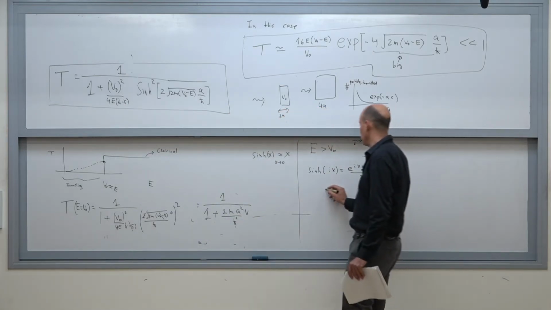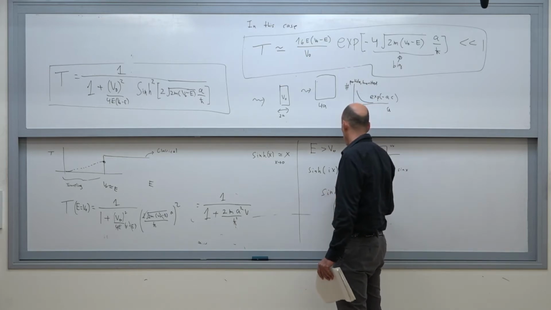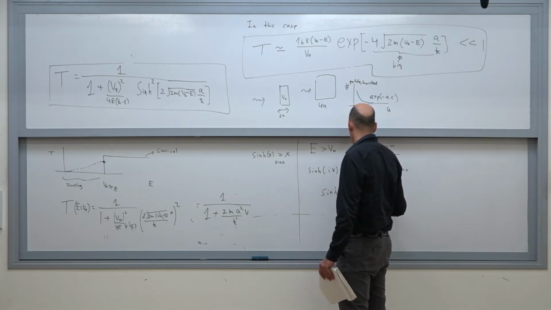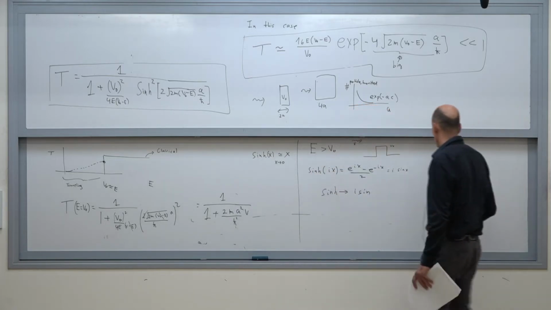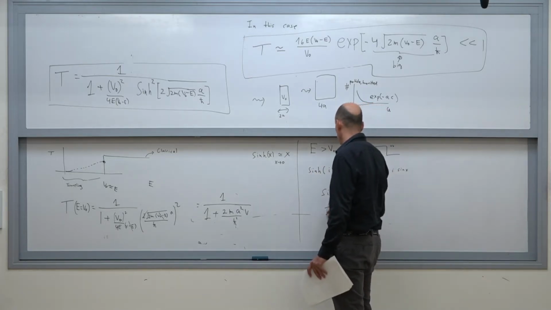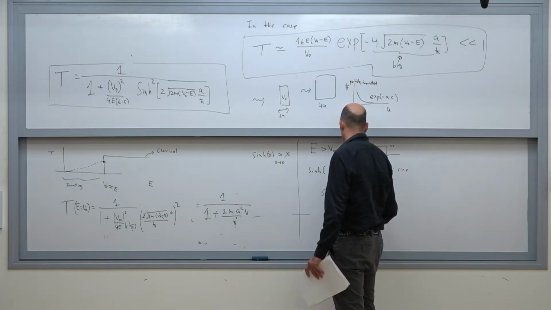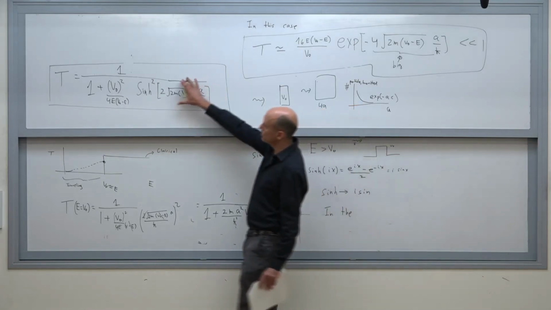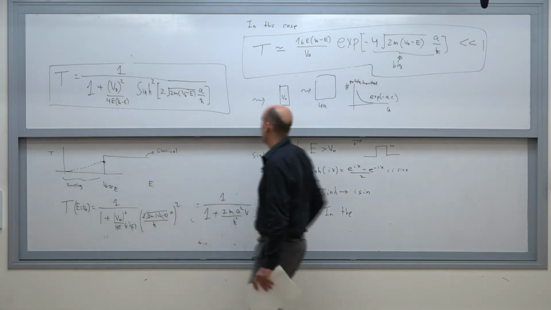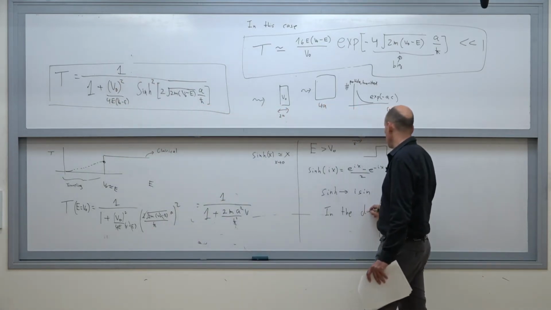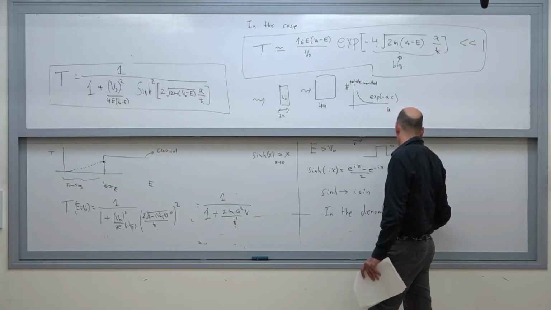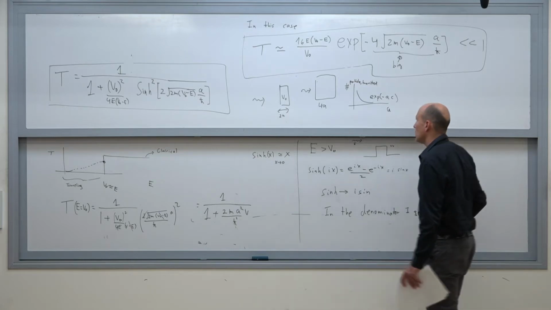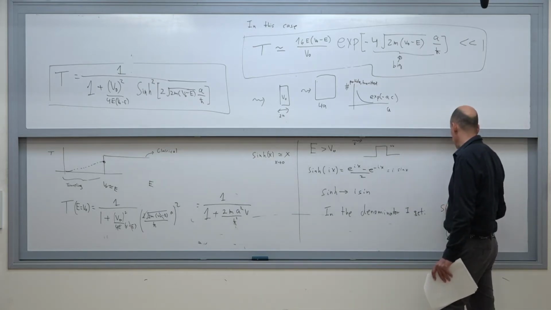okay, so sine hyperbolic goes into i sine in this thing. And then I get in the denominator what you have here. In the denominator, I get sine squared.